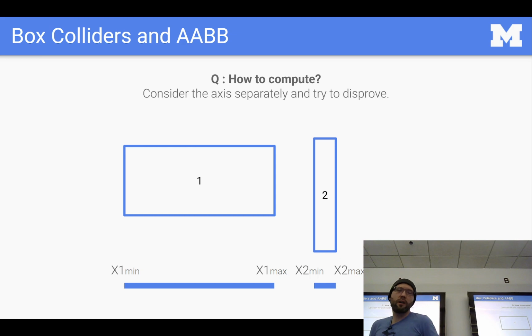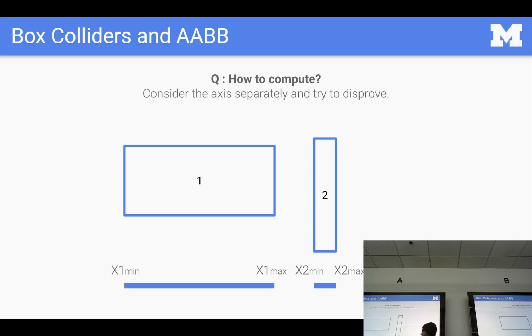Okay, so how to compute, okay? Like that example right here, you know intuitively that if my maximum running distance is smaller than your minimum distance, there's no way our ending point could ever intersect, okay? You're always going to be beyond me. That is the intuition here.